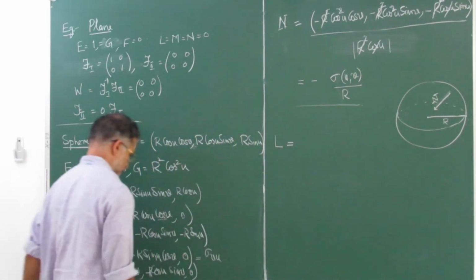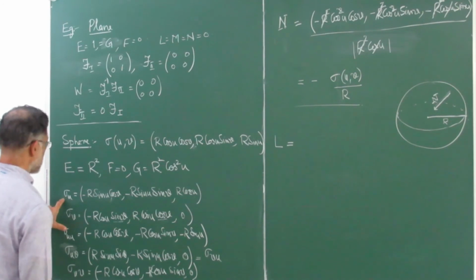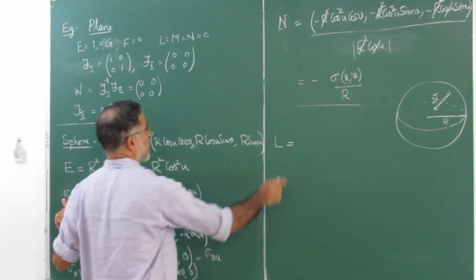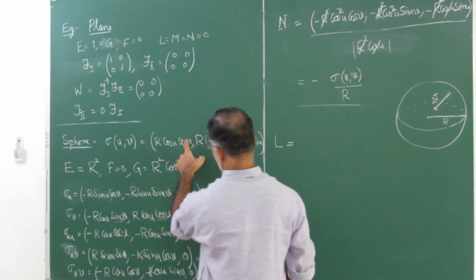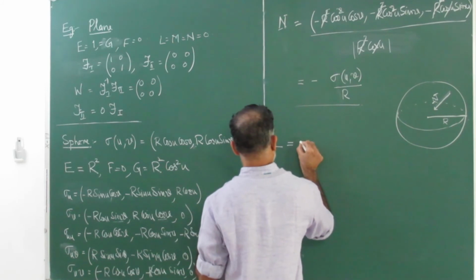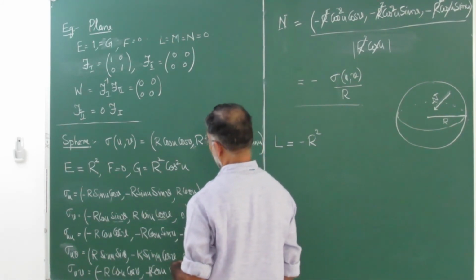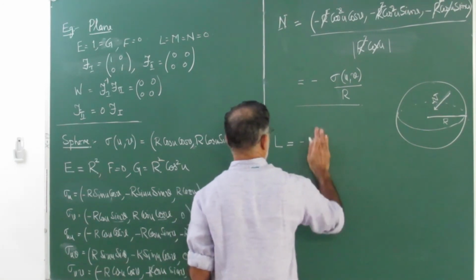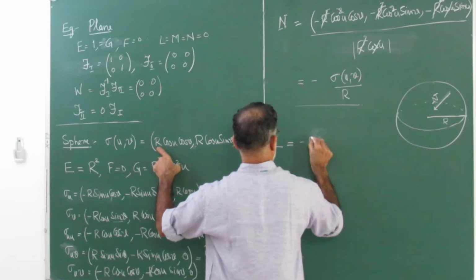Okay, fine. Now L. What is L? This inner product, dot product with sigma uv. So, if you take the dot product here itself, you can see it is equal to minus r square. No, sorry. This you divide, so there is only a minus r.